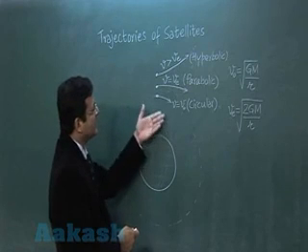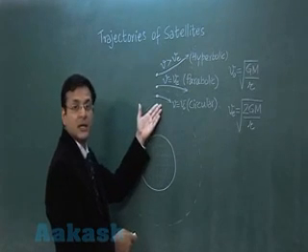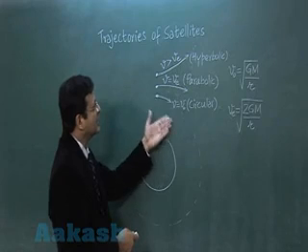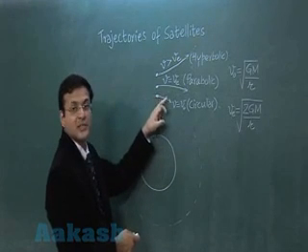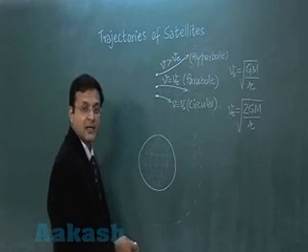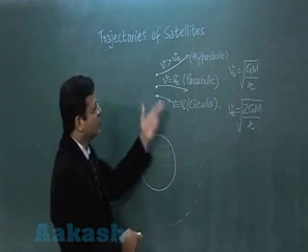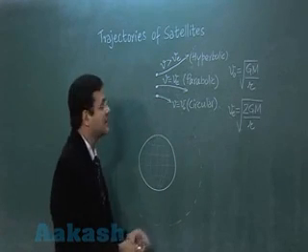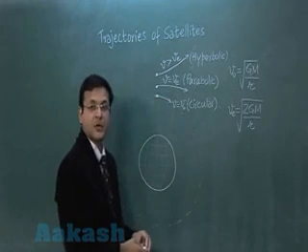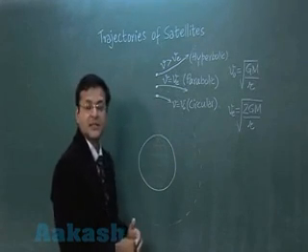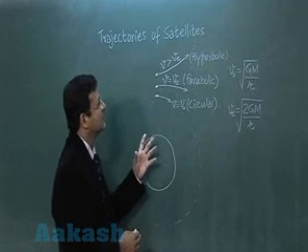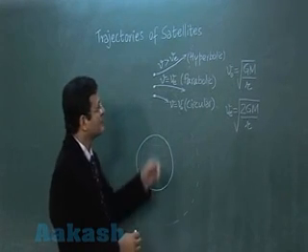If you summarize here, in case it is lesser than circular speed, then the motion is elliptical. In case it is slightly more than the orbital speed, then also it is elliptical. If it is equal to the escape speed, then the motion will be parabolic, it will escape, and in case it is higher than that, then the escape will be hyperbolic.